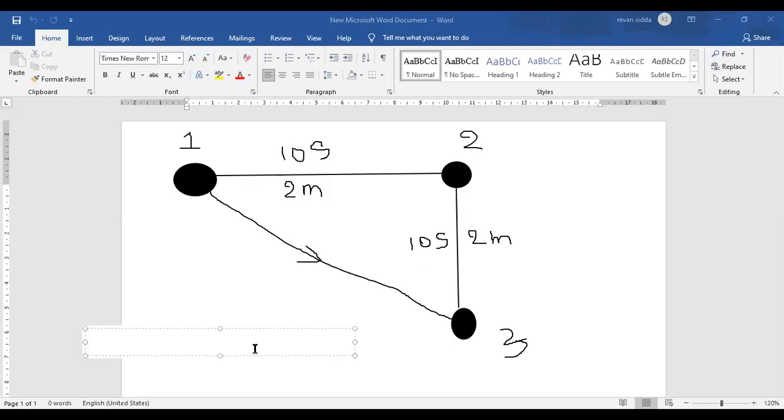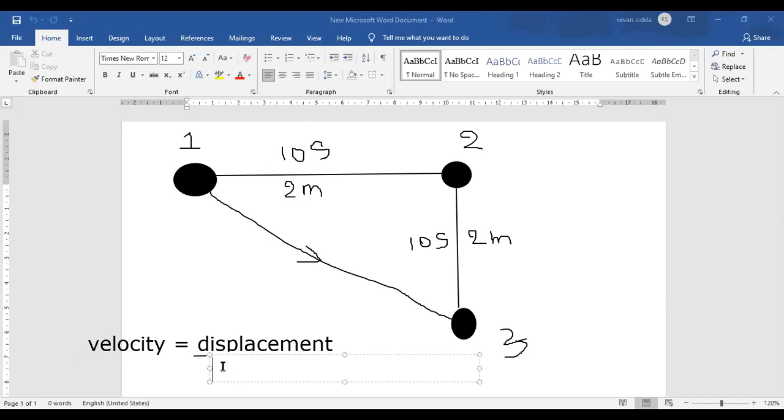So velocity equals displacement per time. Remember this one.